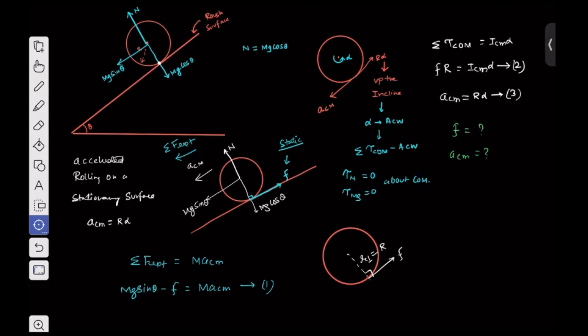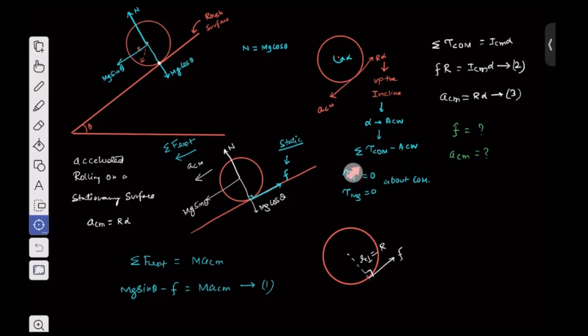The friction force must be acting up the inclined plane. We came to the conclusion from the fact that since ACM will be down the inclined plane, to have acceleration of the point of contact to be 0, R alpha must come up the inclined plane. For that to happen, alpha must be anti-clockwise. And for alpha to be anti-clockwise, torque about the center of the mass must be anti-clockwise.